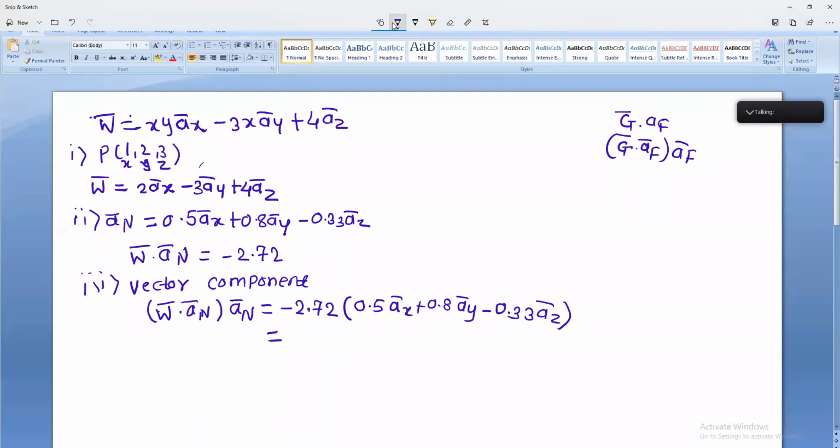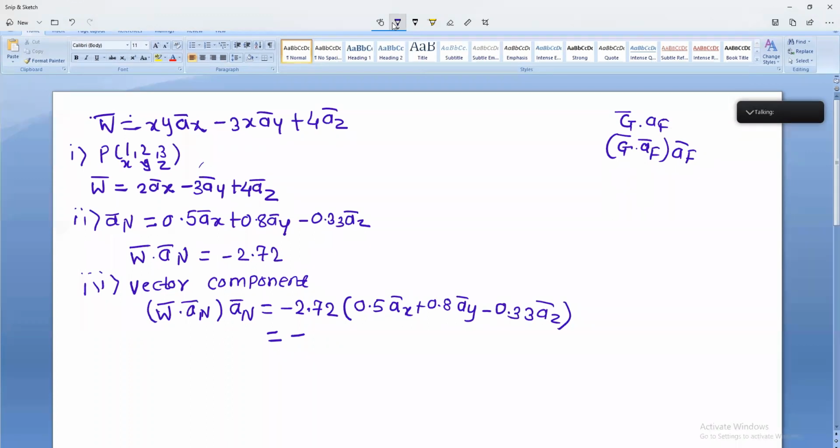Solve this, just multiply by minus 2.72 in the bracket. What is the answer?